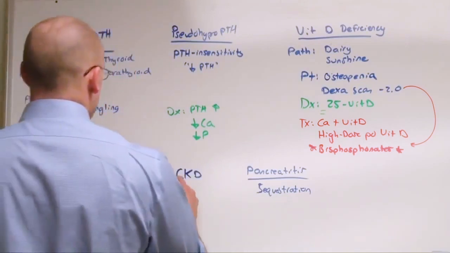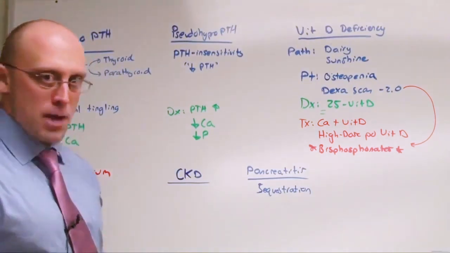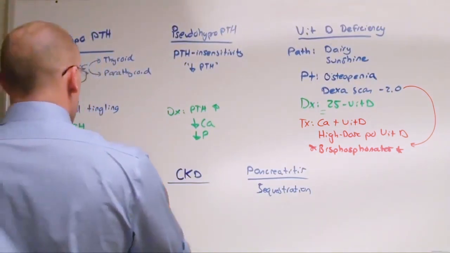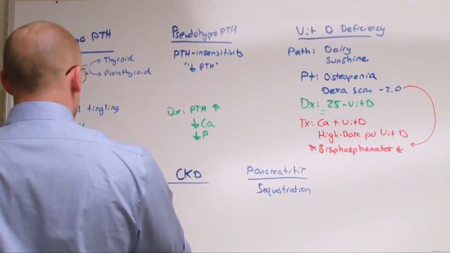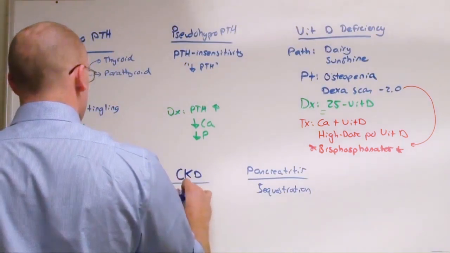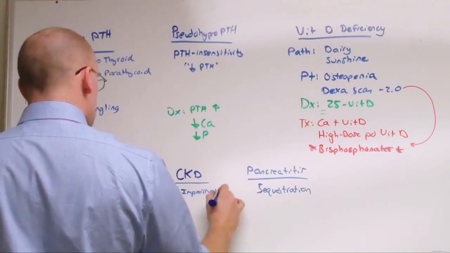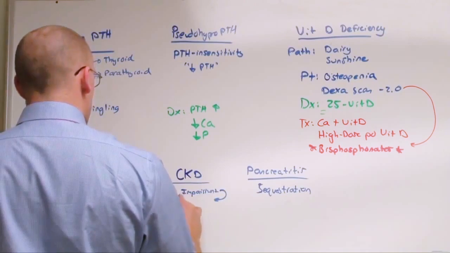It's not really a calcium disorder, it's a disorder of inflammation. And in chronic kidney disease, when the creatinine isn't that bad, in early chronic kidney disease, what happens is impairment of vitamin D formation. This leads to the secondary hyperparathyroidism.